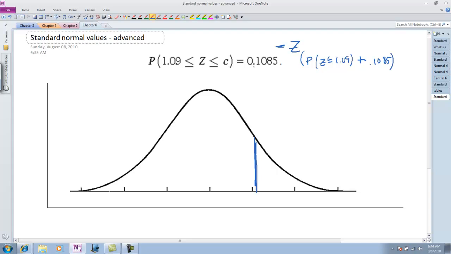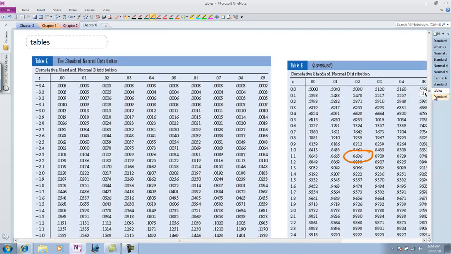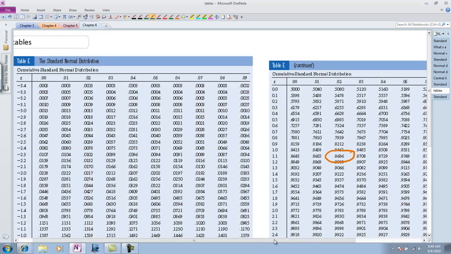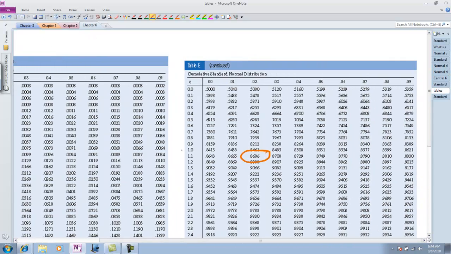So first thing I'm going to do is that lookup to figure out what's in this area over here. And I go to my table, 1.09. 1.0, oh, it's hard to follow. 1.09.